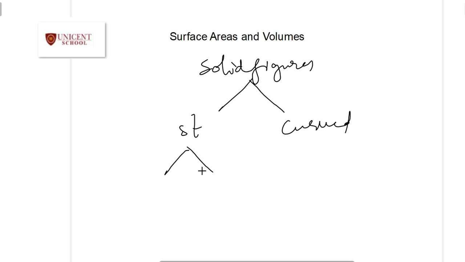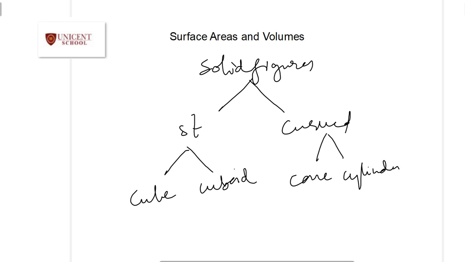Among the straight edges, we have the cube and cuboid, and among the curved edges, one is the cone, the other one is the cylinder, and the next one is the sphere. So we are going to learn about these solid figures, their surface areas and volumes.